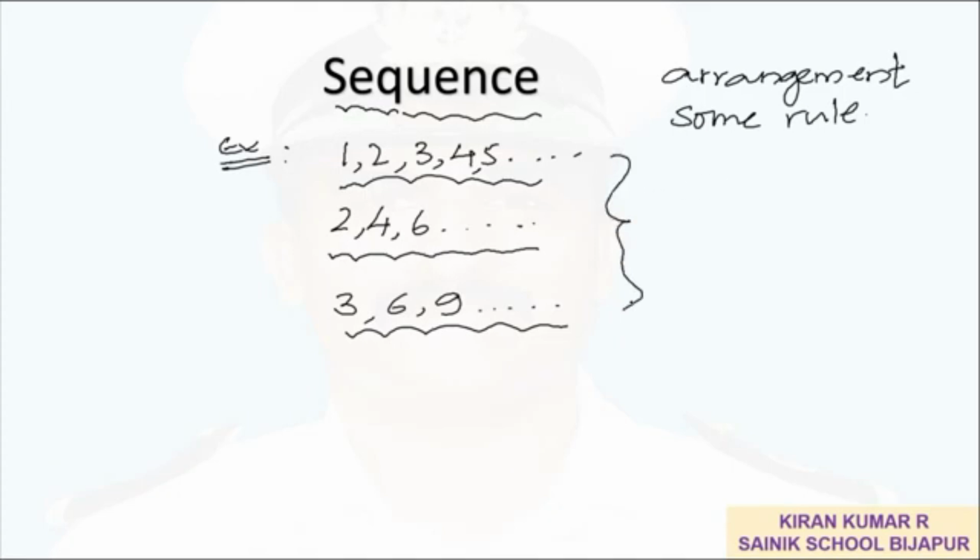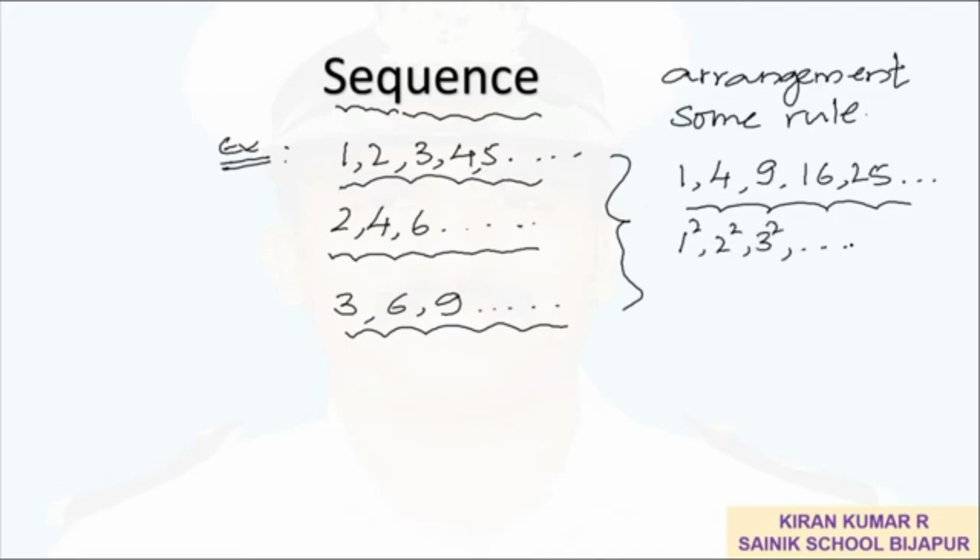Not only that, if you consider 1, 4, 9, 16, 25, so on, it is also a kind of sequence because it has a rule that it's the square of all the natural numbers. 1 square, 2 square, 3 square, so on is the same as 1, 4, 9 and so on.